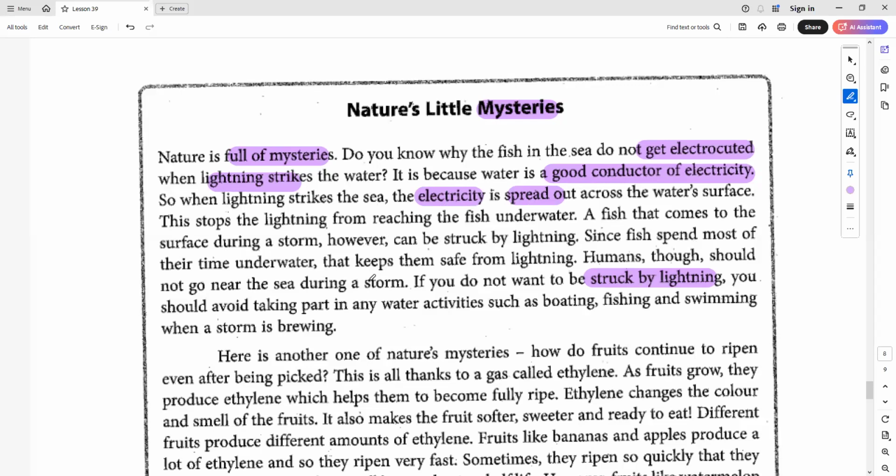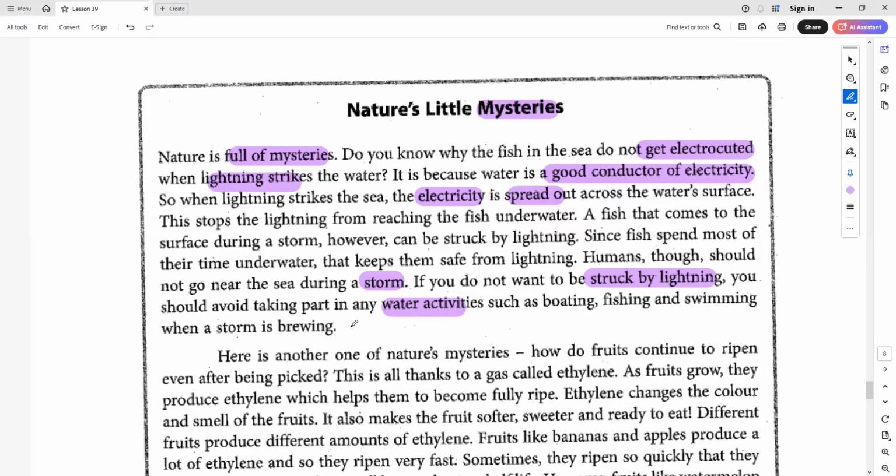所以我们自己在暴风雨的时候呢，是不要去这个海滩的啊。If you do not want to be struck by lightning, you should avoid taking part in any water activity, okay, activity such as boating, fishing, and swimming when a storm is brewing.